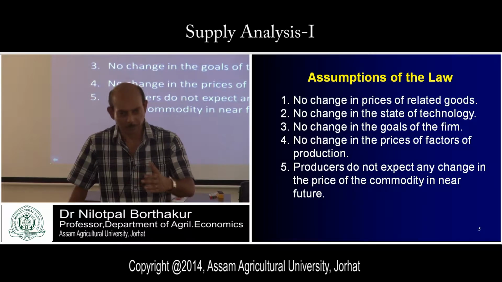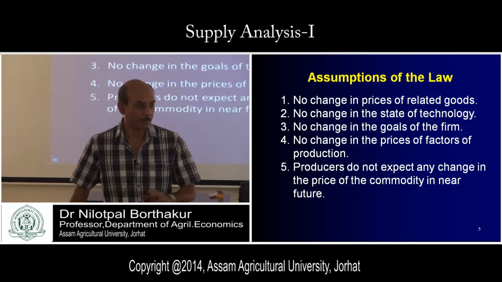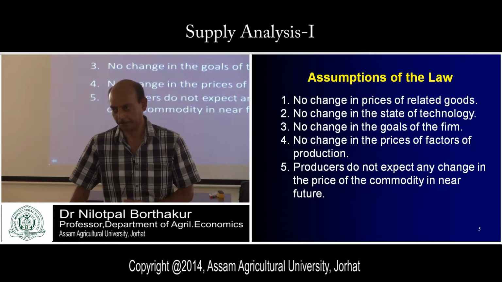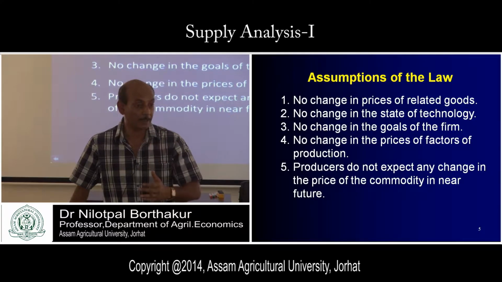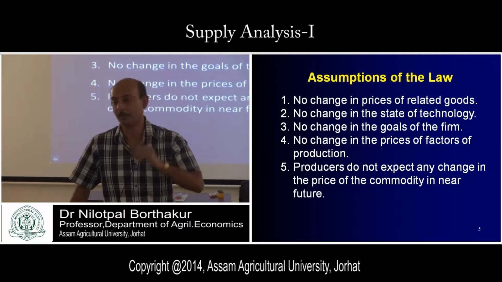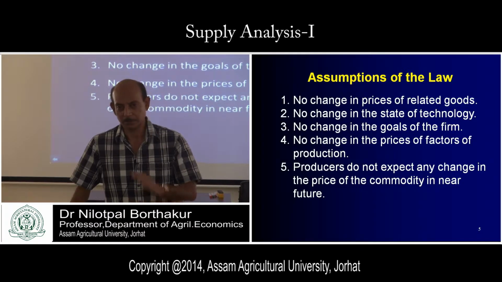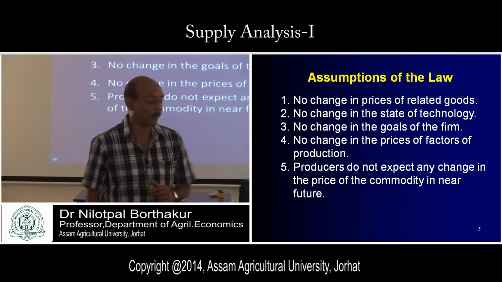If the price goes down also, he will sell more, and this phenomenon goes against the law of supply. Suppose he expects there will be a further rise in the price, so even if there is a slight rise in the price of the commodity, he will not sell. He will not make goods available in the market. So there should not be a change in the goal of the entrepreneur or the firm.